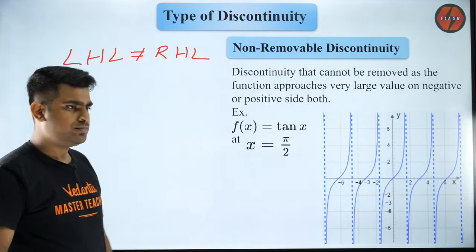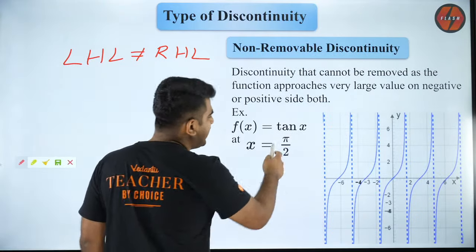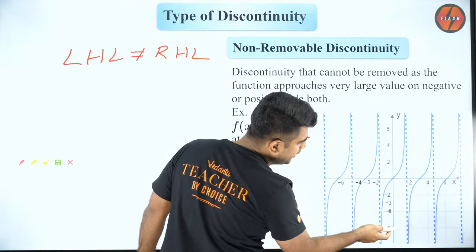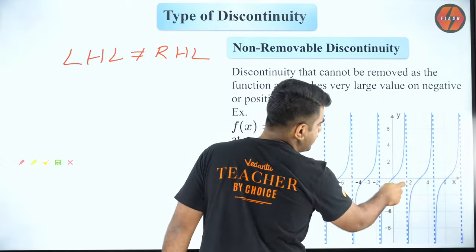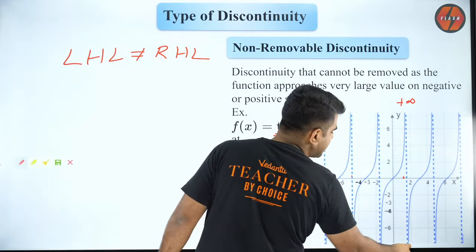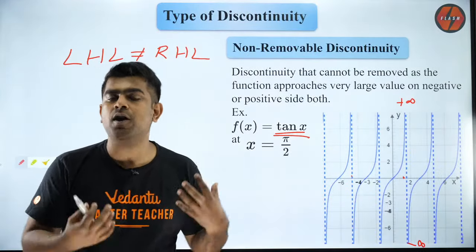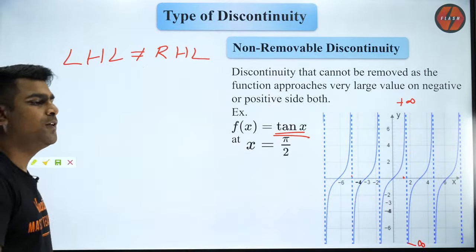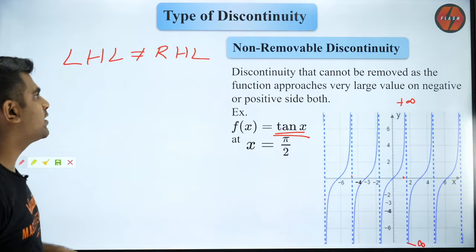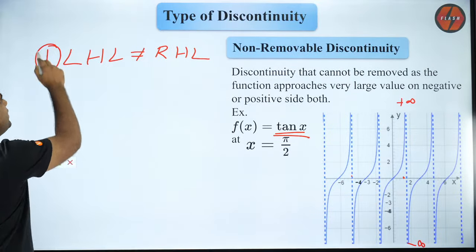You see the tan x function at pi by 2, where is it pi by 2? It is over here, right? At pi by 2 minus, it tends to plus infinity. At pi by 2 plus, it tends to minus infinity. So how can I make it continuous? It is not possible. So that is why we call it a non-removable discontinuity. So whenever LHL is not equal to RHL, it is said to be non-removable discontinuity.